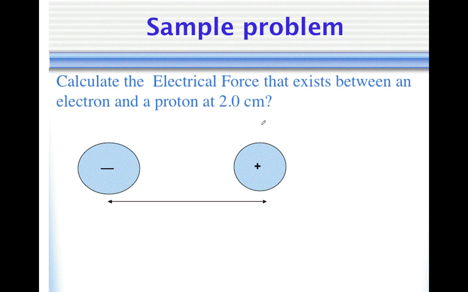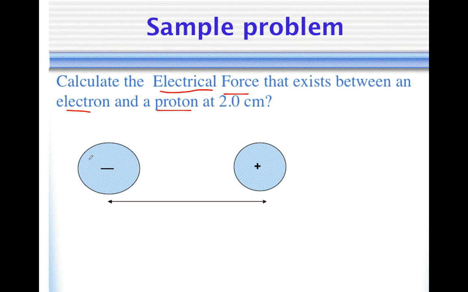All right, calculate the electrical force that exists between an electron and a proton. All right, an electron and a proton. Now we're talking about electrical force. We're not talking about gravitational force. If we were talking about gravitation, we would use their mass. We're talking about electrical force, so we're talking about their charge. So we need to remember, what is the charge of an electron?